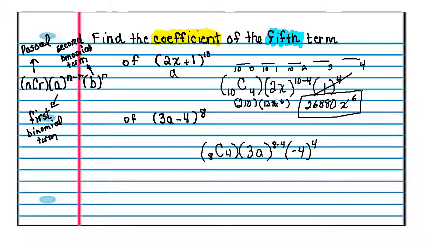And again, taking your handy dandy little calculator, you will see you get a most delectable answer of 70 times 81, a to the 4th power, times 256. Oops, forgot the 6. For a wonderfully final answer of 1451520, a to the 4th power.